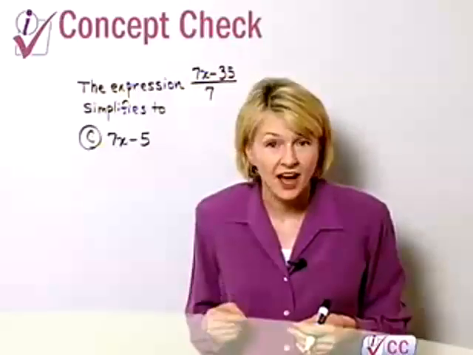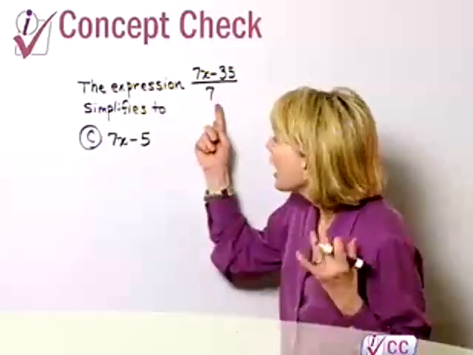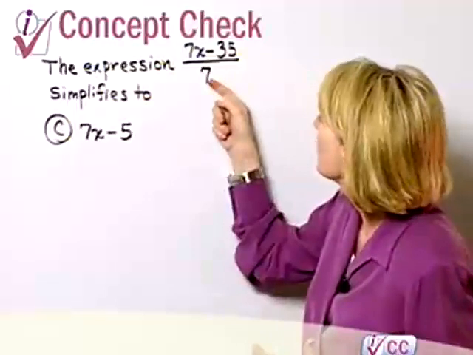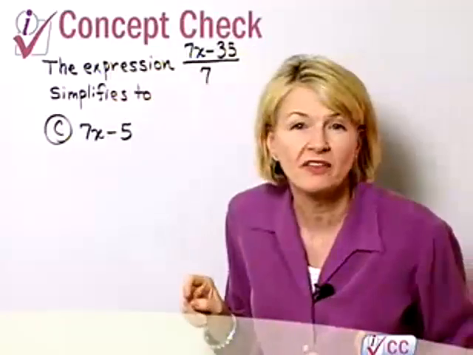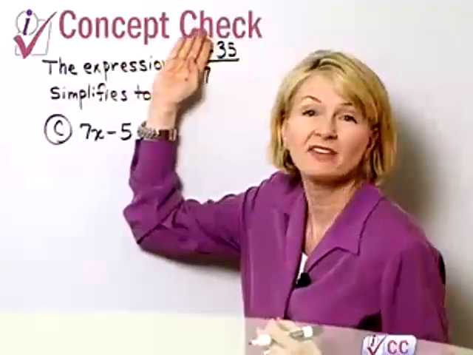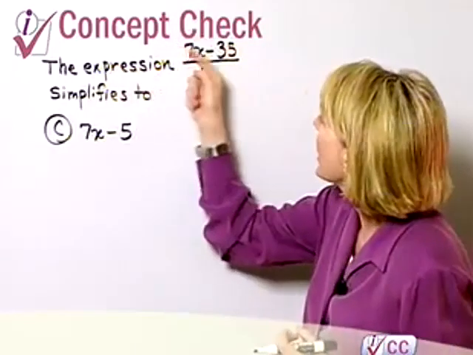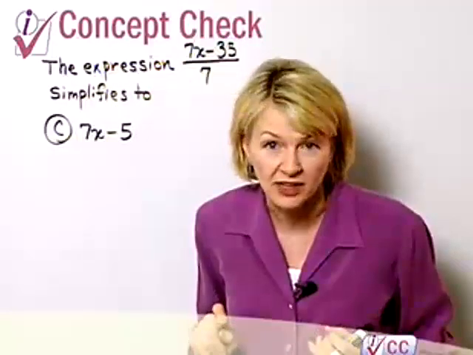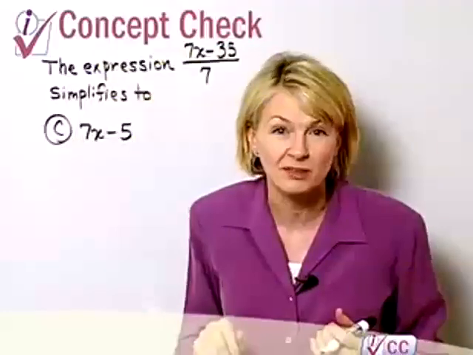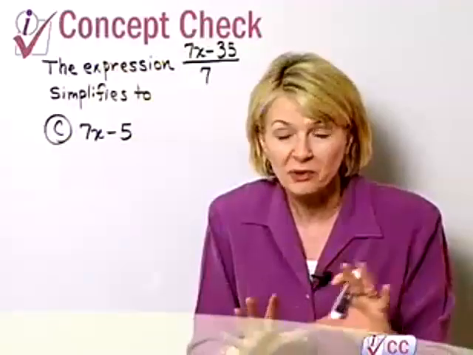Choice C is not the correct choice. Let's discuss why. I'm guessing that possibly you arrived at choice C by dividing 7 into 35. Now, it is true that if you just had 35 over 7, that does simplify to 5, but this is an entire expression in the numerator. So you cannot just choose a term of an expression and simply divide out with that term. We need to go through our steps.